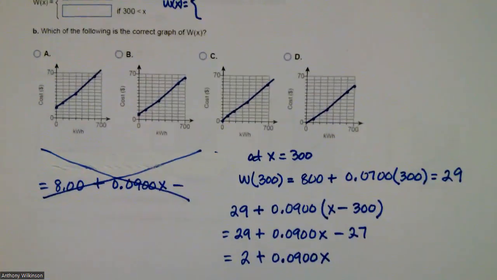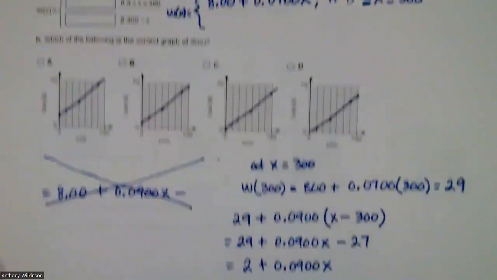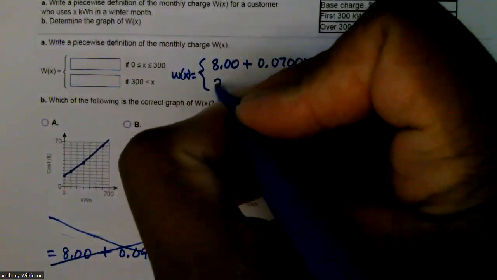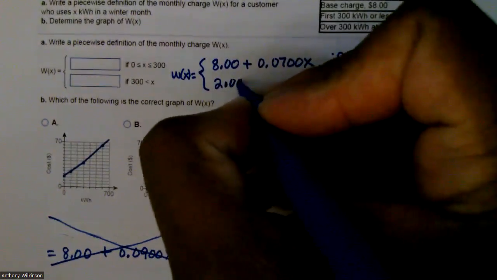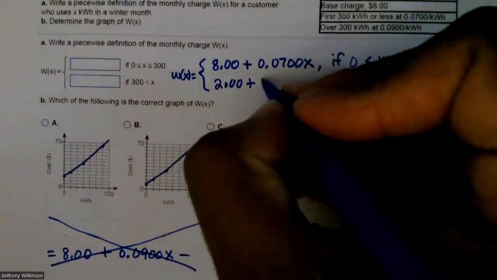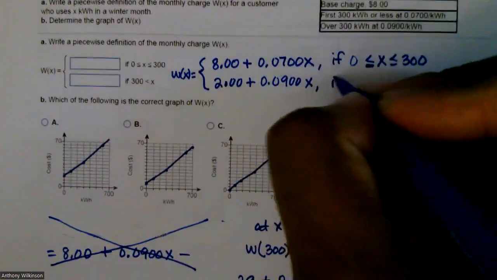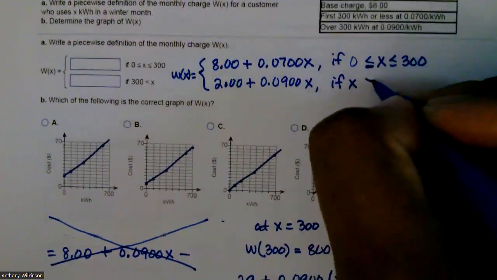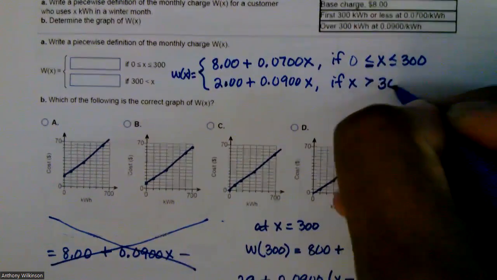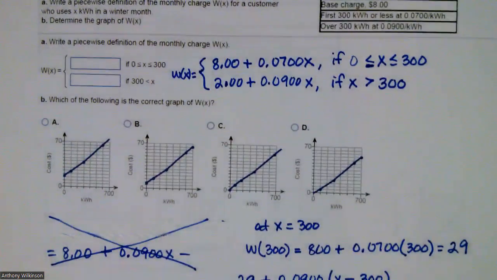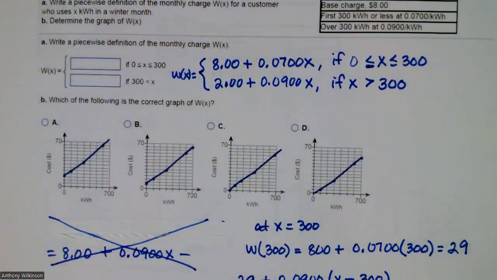That would be the expression for the other part of that piecewise function. So this one would be 2.00 plus 0.0900x, and that is if x is greater than 300. So that would be our piecewise function in this case.